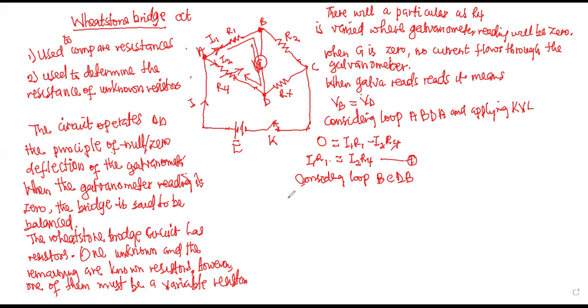Okay. It says 0 is equal to, we are going by the loop BCDB.